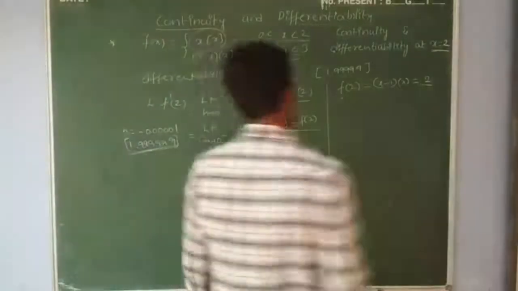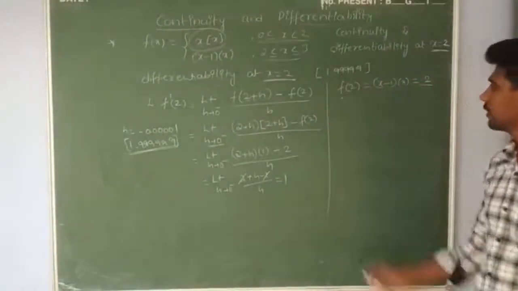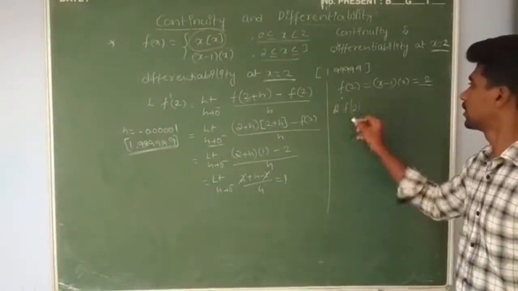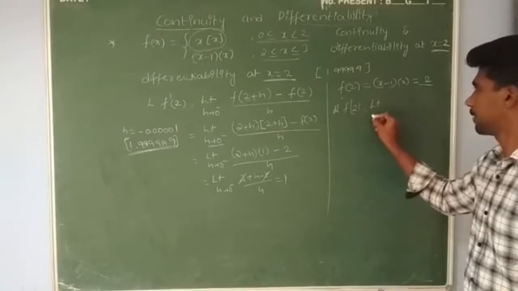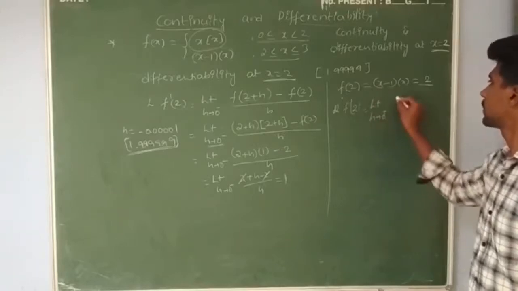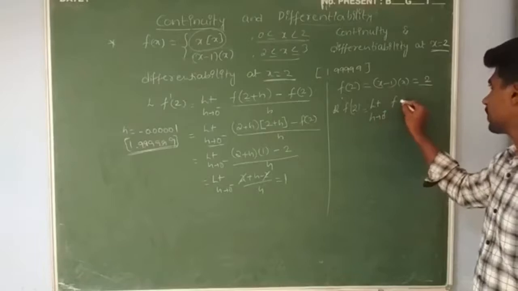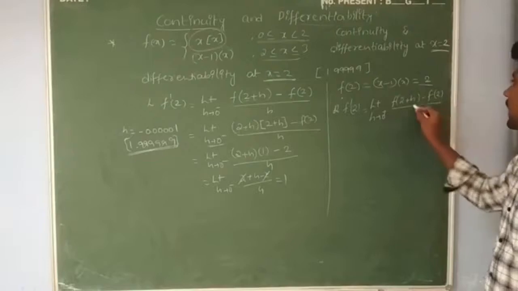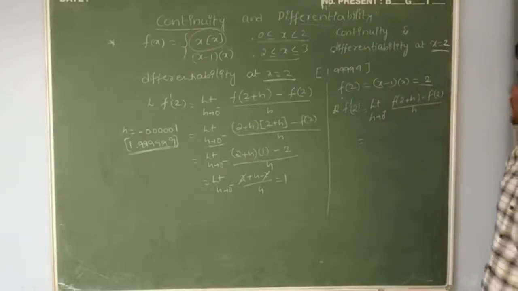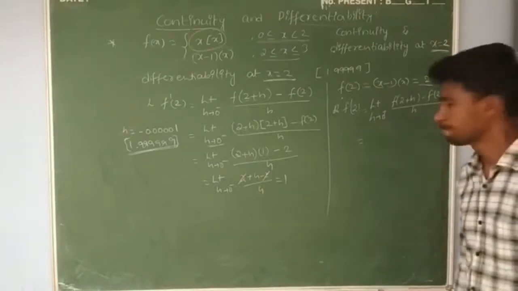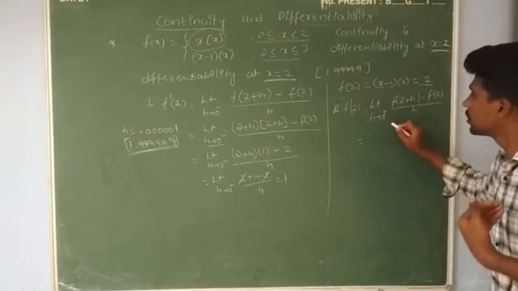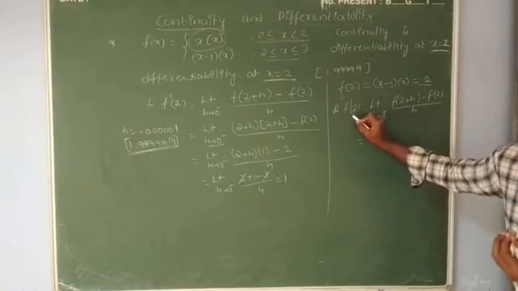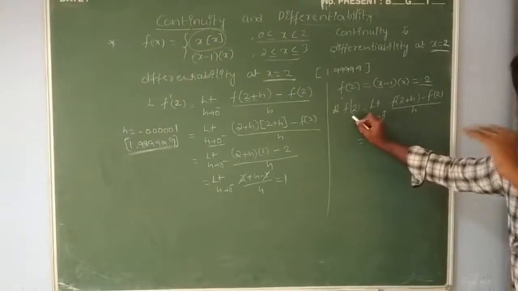Now I am going to find the right derivative of f. So the right derivative of f at 2 is equal to the limit h tending to 0 plus of f of 2 plus h minus f of 2 by h. Here we are approaching the derivative of the function from the right side of 2.